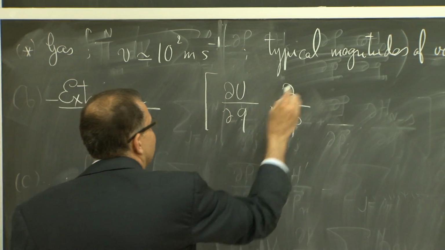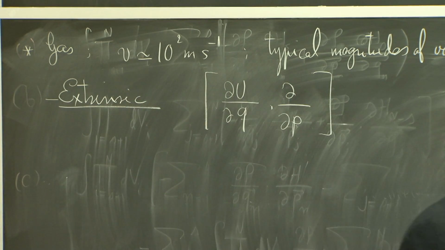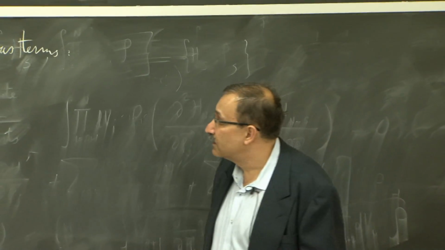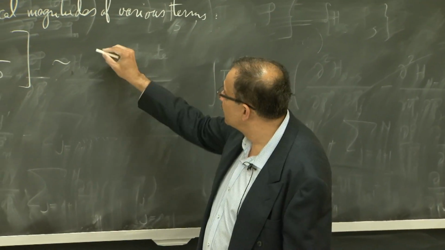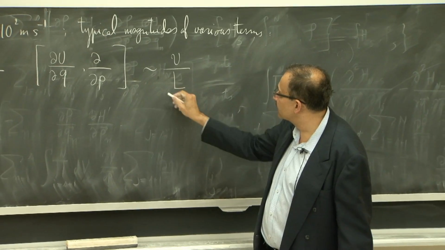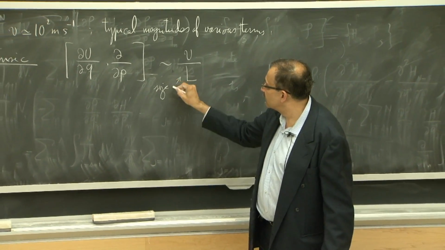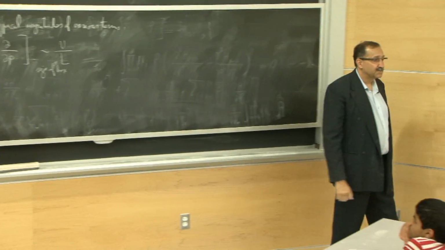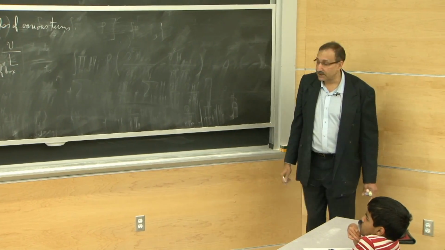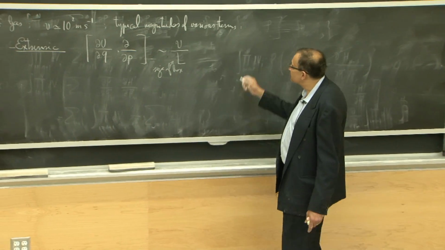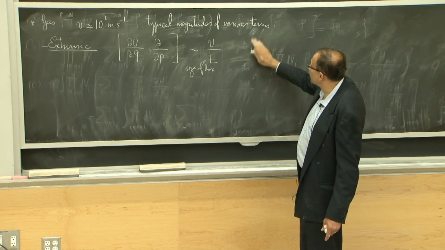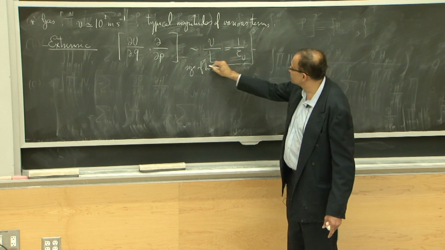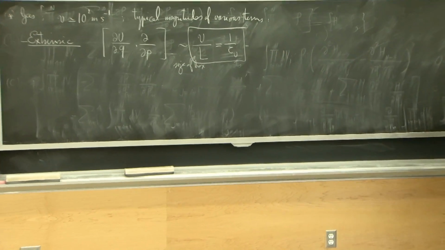I would say that if I were to assign some typical magnitude to this type of term, it is related to having to traverse a distance that is of the order of the size of the box, given the velocity that I have specified. This is an inverse time scale. Let's imagine that I call this time scale 1 over tau u, because it is determined by my external u.